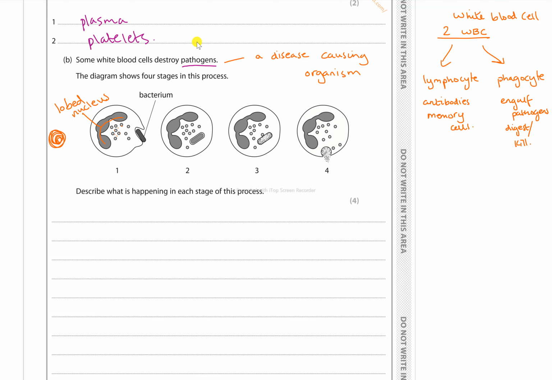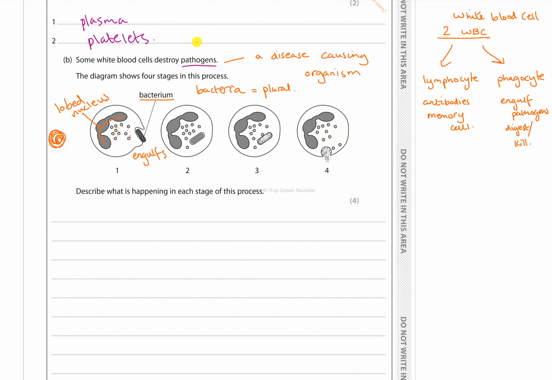It's not clear. So what happens is it engulfs the pathogen, or in this case a bacterium. So bacteria is plural, many.